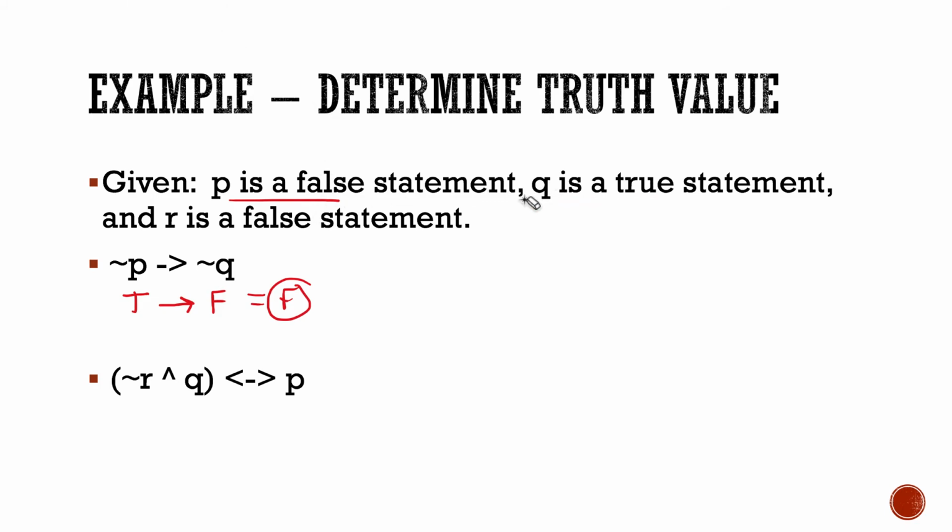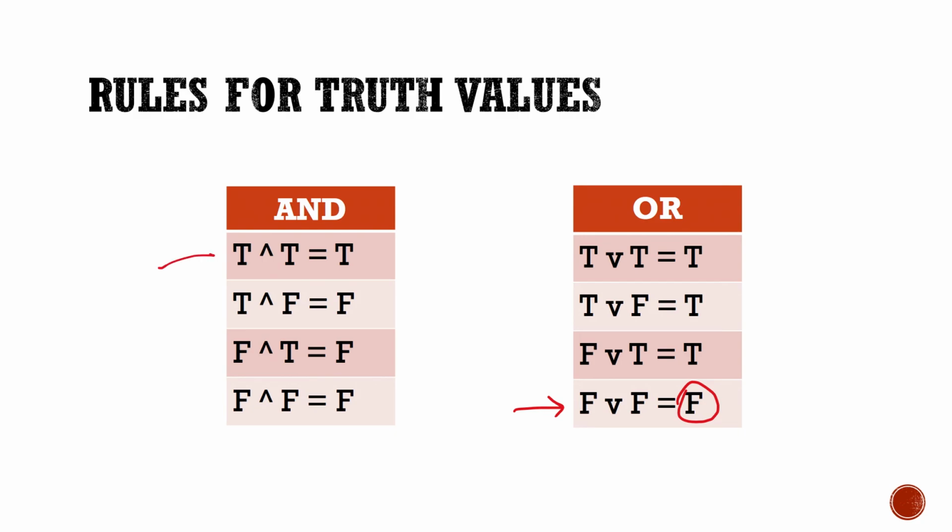All right, and our final problem, again, we have a set of parentheses, so we'll work inside the parentheses first. I'm going to come off to the side and do this part first. The negation of R is false, so the negation will be true. Q is also true. So we're looking at our AND chart. We're looking for two trues. That's here with a true result.